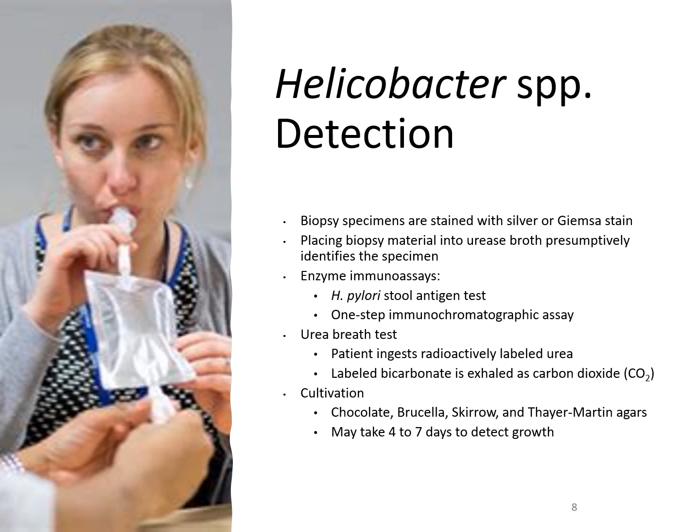This helps give you a presumptive identification by using these rapid tests. You can also do different automation tests, enzyme immunoassay, where you're looking for the antigen in the stool sample.